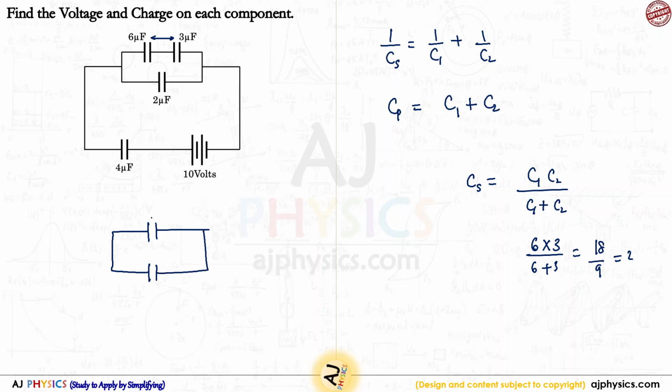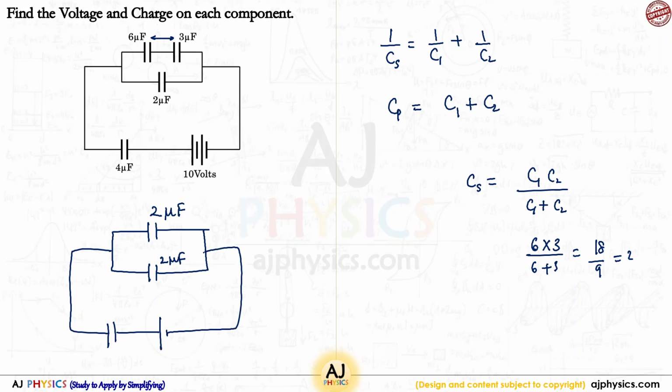So we can construct a circuit again in which the circuit components are this 2 microfarad, and this is already 2 microfarad, and then we have a connection with the 4 microfarad here, and there is a 10-volt battery. Now if you solve this, 2 and 2 are in parallel, so that would be 4 microfarad.